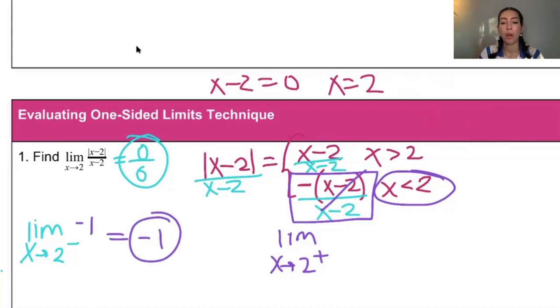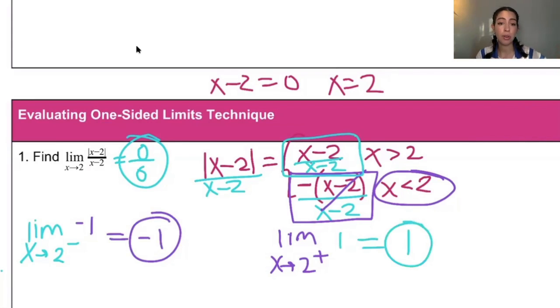And so from the right side of 2, we're going to look at this top equation, and that's what we're going to use to find the limit. And actually, it's the same thing as the last one, x minus 2 divided by x minus 2. That just simplifies to 1. So I'm going to write 1 there, and the limit of any number is just the number itself. So we've checked the left side and we've checked the right side algebraically, and the numbers don't match up.